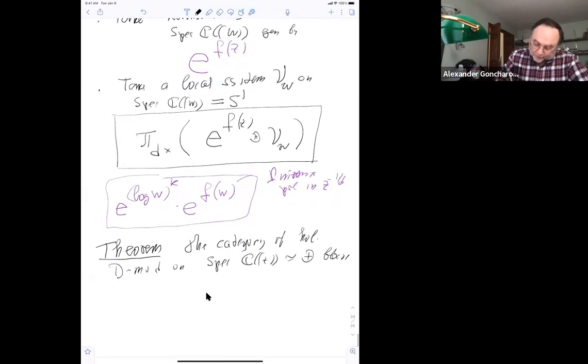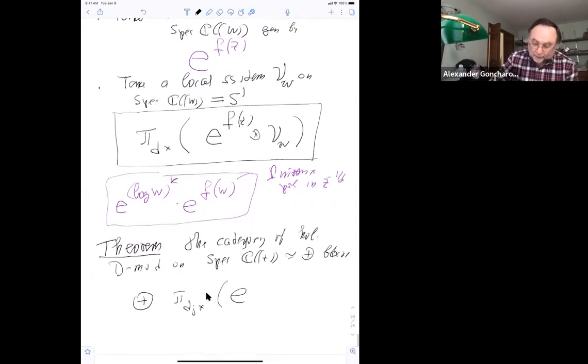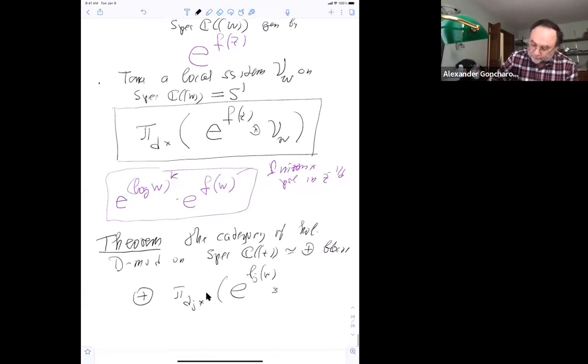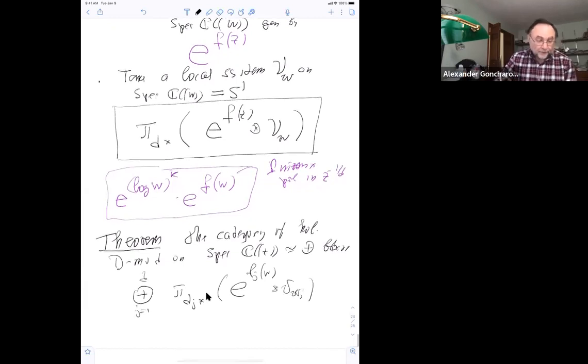And so this means that any of them is a direct sum of this D of E to F of W tensor. Okay, so that's a classical theorem.